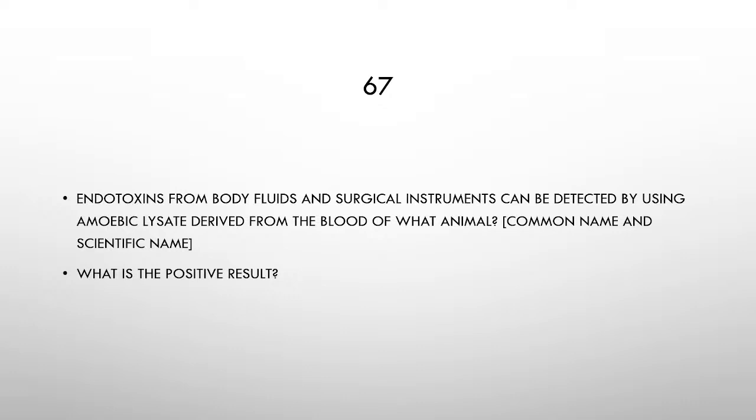Okay. Next, endotoxins from body fluids and surgical instruments can be detected using an amoebocyte lysate derived from the blood of what animal? It's actually a question from the ACPI. The lysate comes from horseshoe crabs. Blood from horseshoe crabs can be used, and the scientific name is Limulus polyphemus.